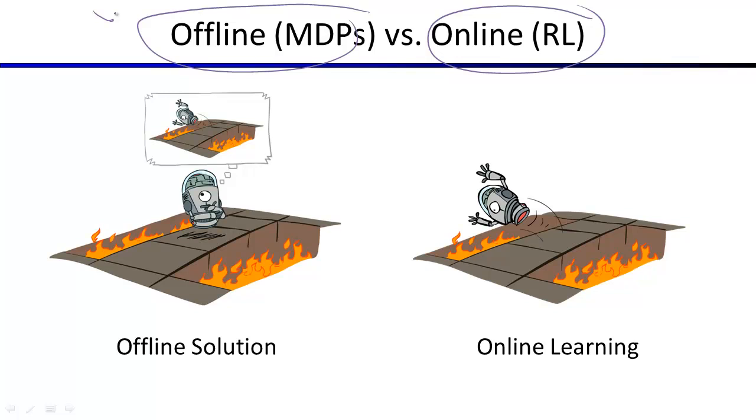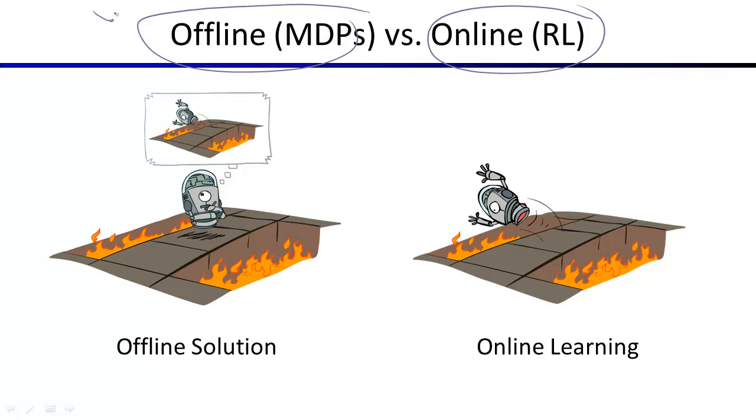Online planning, you have to do learning. In RL, the first time you enter this scene here, you know nothing. You just know what actions are available to you. You know which state you are in, and that's it. You don't know how that state relates to other states, and you just choose one of your actions and you see what happens. And until you've actually taken an action, you have no idea what happens.